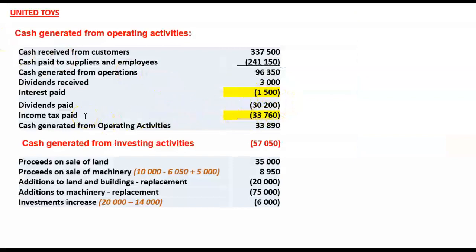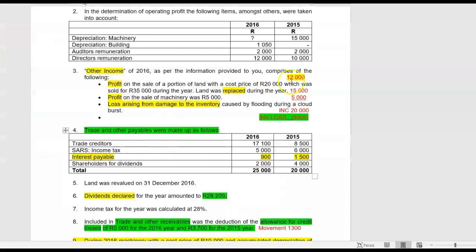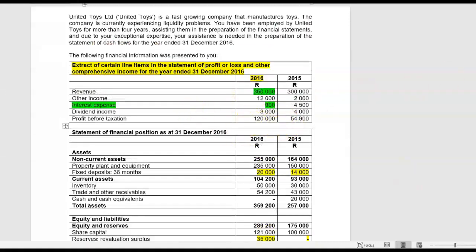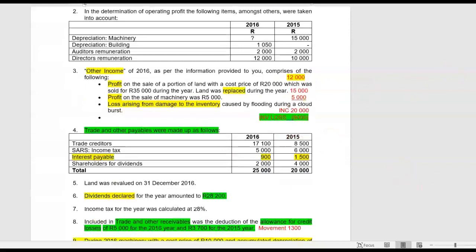Look at income tax. Now, in the question, they gave us our profit before tax, 120,000. They also tell us that income tax for the year was calculated at 28% of profit before tax. It's also 28% of profit before tax.